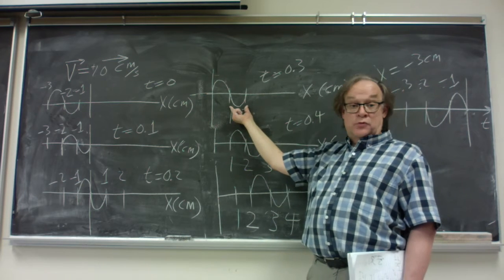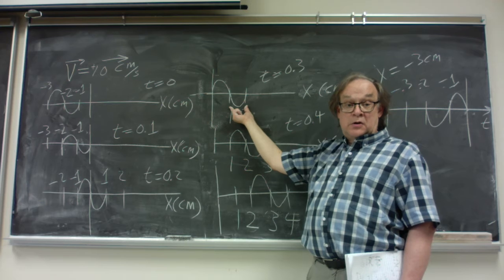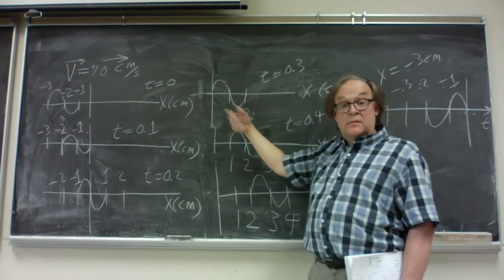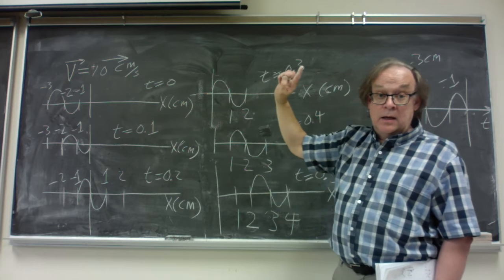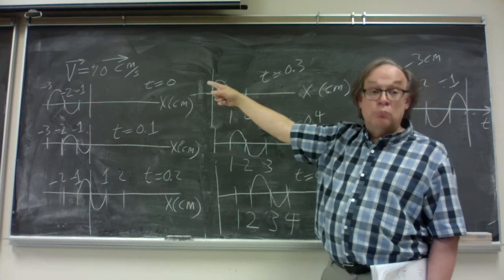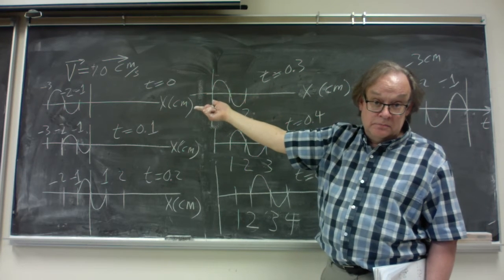So this is the front half, meaning this is the part that arrives first, and that's the way it will always work for any wave or any pulse moving in the positive direction.